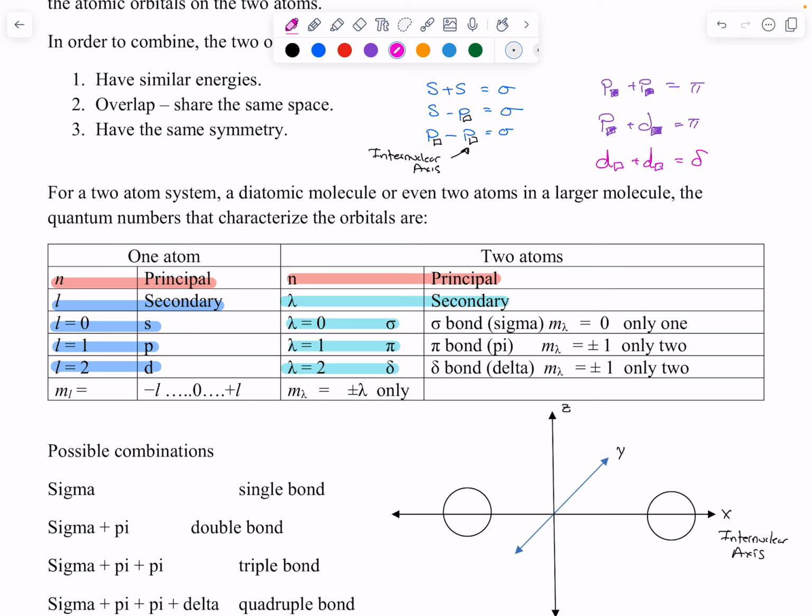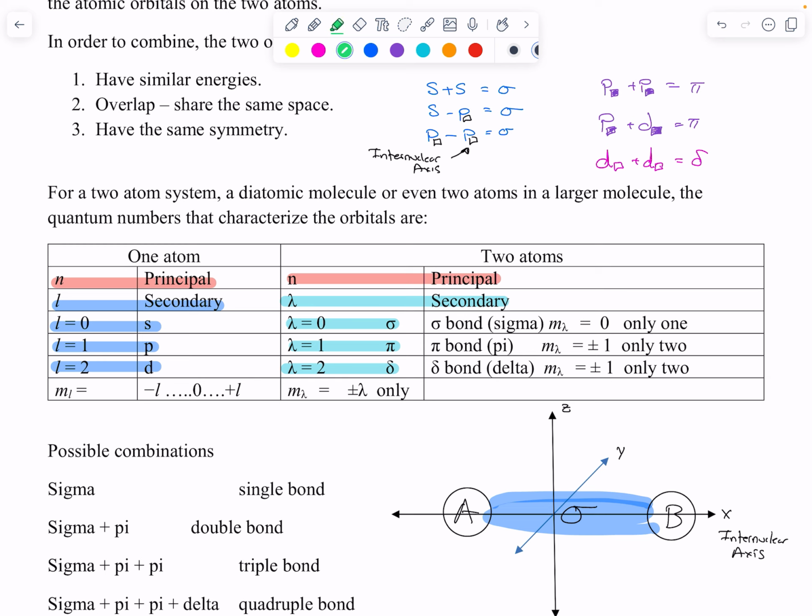So now the first bond, if we're going to do this, is going to be on the internuclear axis. That's where our sigma bond is going to be, between atom A and atom B, just on the internuclear axis, right? And so that's there. The second bonds are going to be off the internuclear axis.